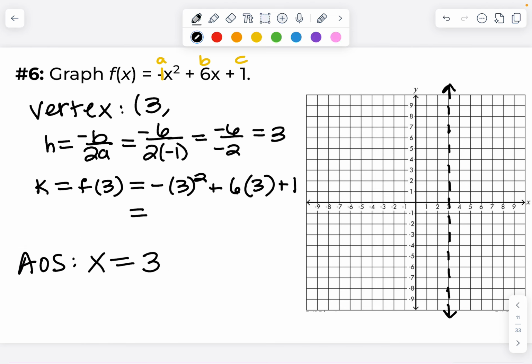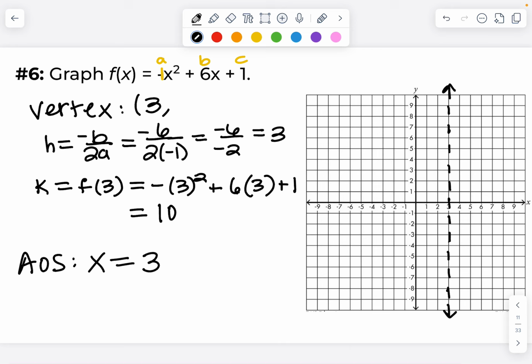Okay, so if I simplify that, let me use my calculator really quick. So we have a -3 squared plus 6 times 3, okay, plus 1. So that is going to give us +10.